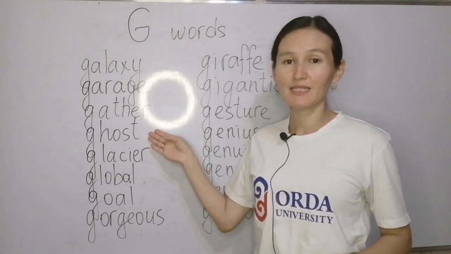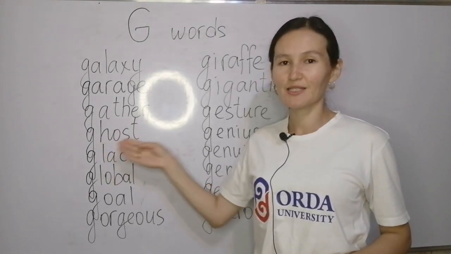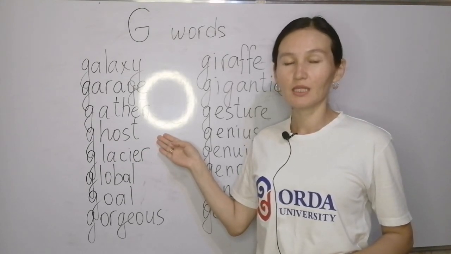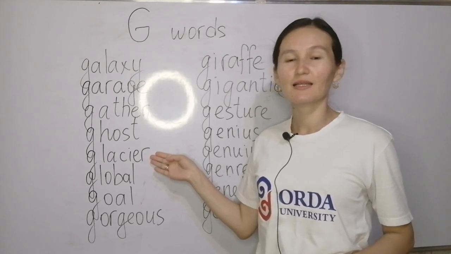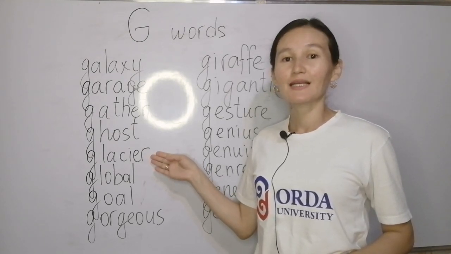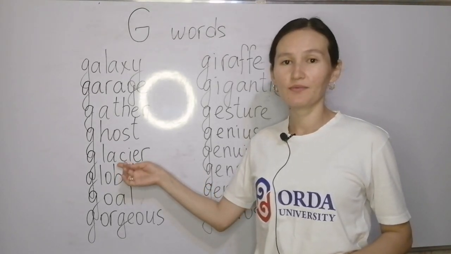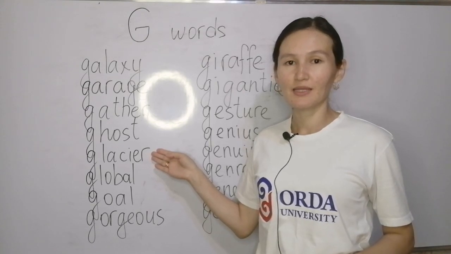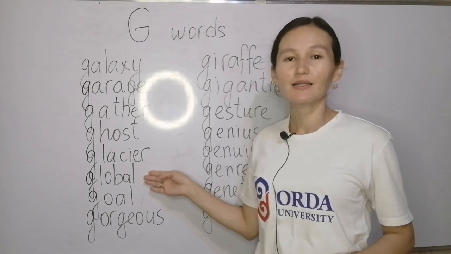Ghost. So in this case, the second letter, H, is silent. Okay, the next one is glacier. It's not C here, glacier. Okay, next one, global.